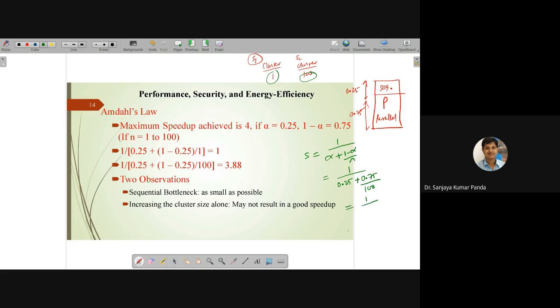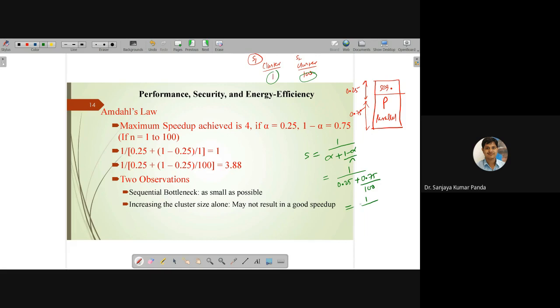Can anybody calculate and tell me? 1 by 0.25 plus 0.75 divided by 100. How much will you get? 3.88, right?